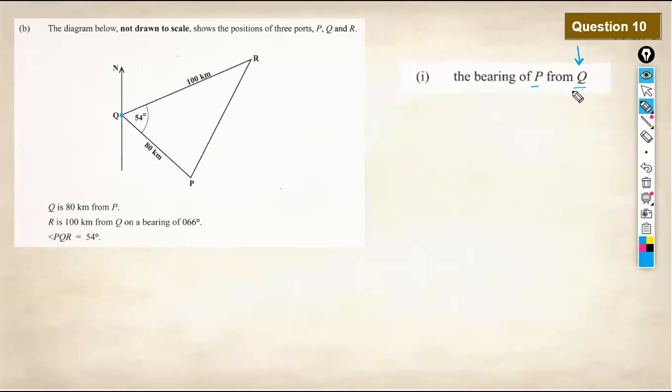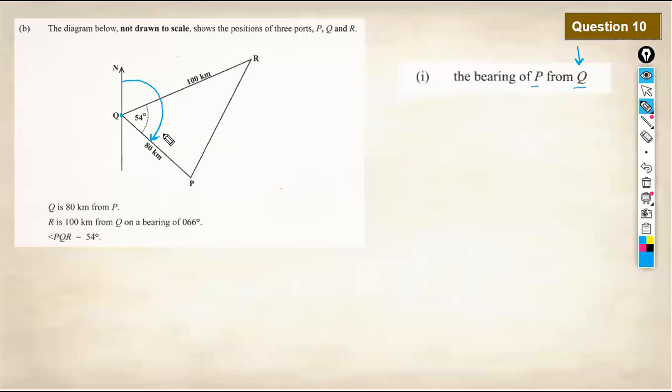So the bearing of P from Q. You're standing at Q and you want to turn to face which direction? P. That is what they want to know, the value of that entire angle.